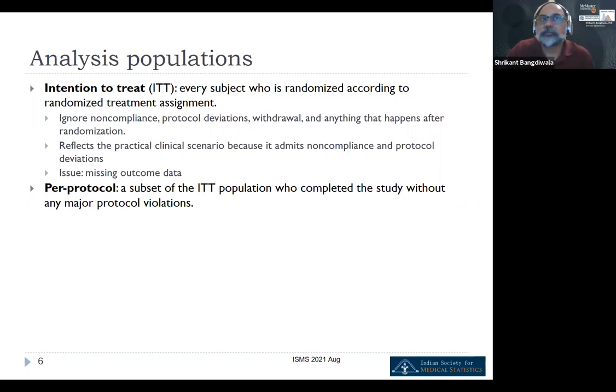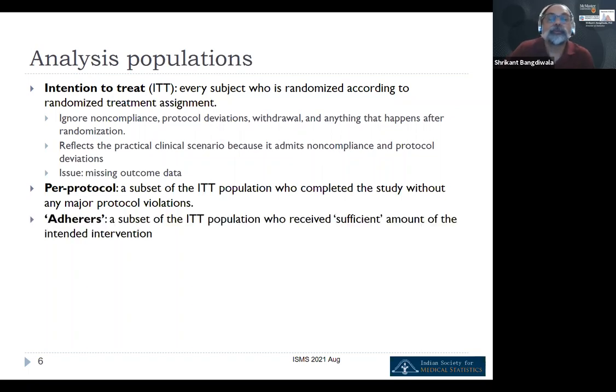Now, these are two well-defined groups. There are other subpopulations that are not so well defined, and different investigators define them differently. One of those is the adherers. It's again a subset of the ITT population, but those whom the investigator decides received a sufficient amount of the intended intervention.